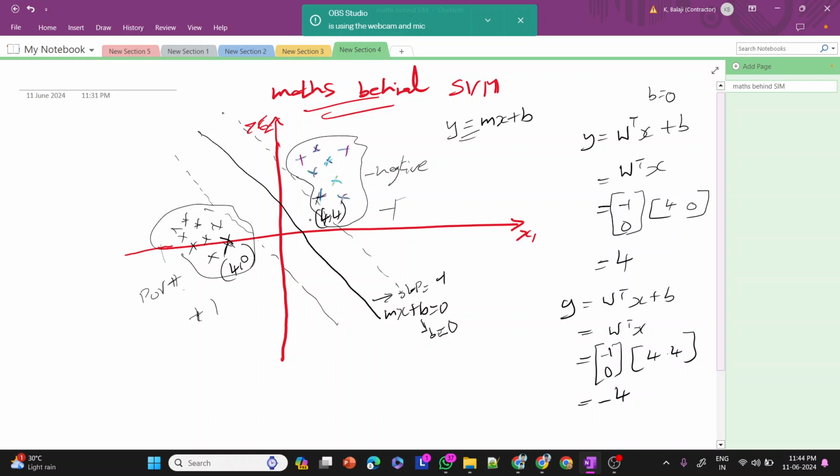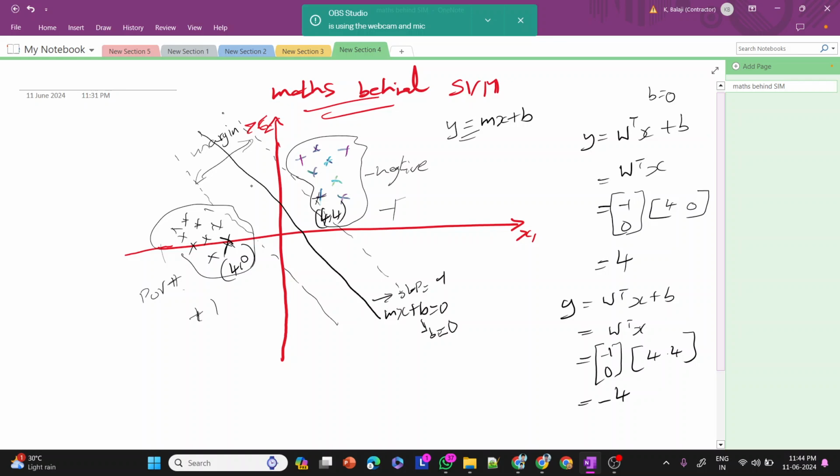Like this, SVM also separates, but in addition, SVM has other marginal lines. The overall distance between these 2 lines is called the margin.